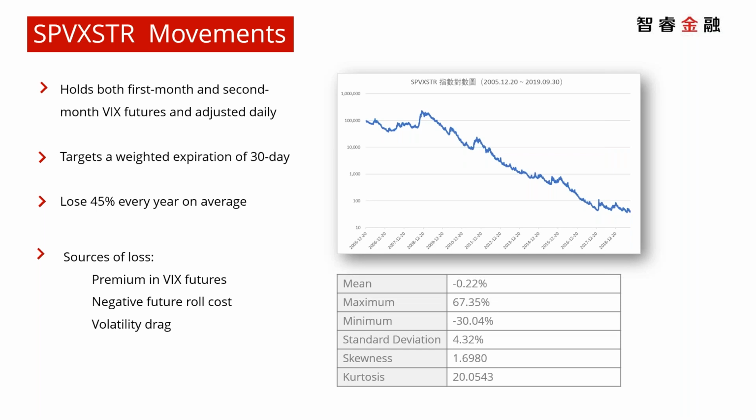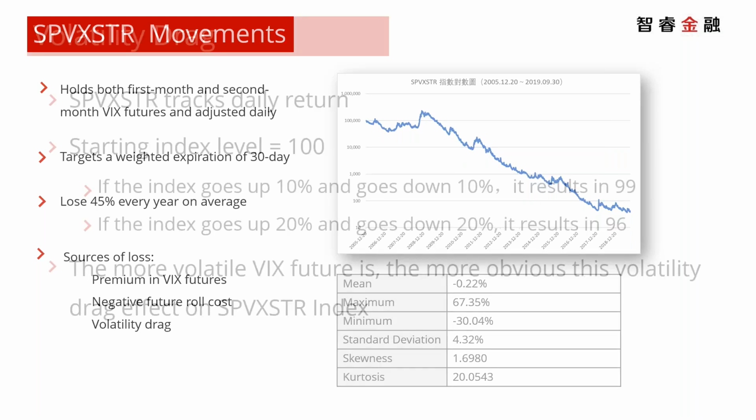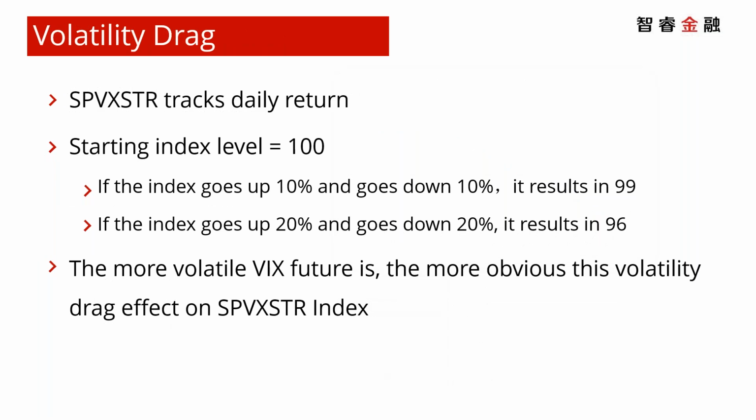And the third one is called the volatility drag. It can be best explained by a very simple example, because the SPVXSTR tracks the daily returns. For example, there is an index that starts at 100. If the index goes up 10% and then goes down 10%, it ends up at 99, which is 110 times 0.9.